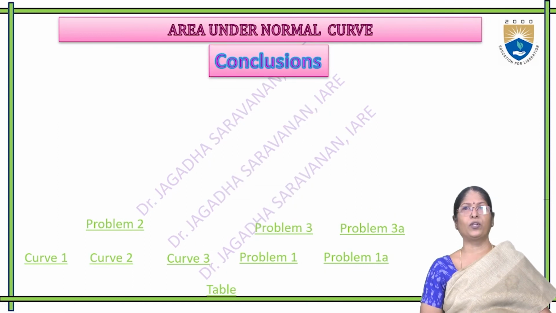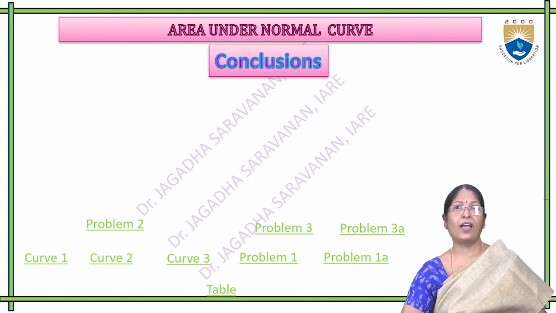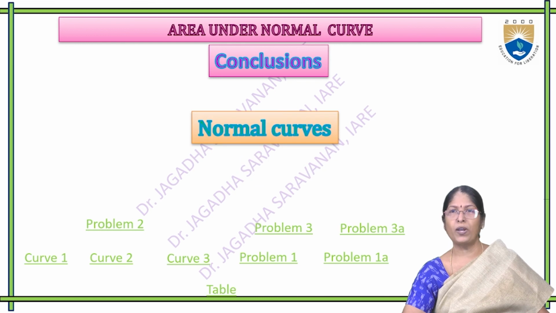We will come to a conclusion on this topic, area under the normal curve. First, in this topic, when mu and standard deviation, the mean and standard deviation, are given, how to find the area. Normal curves, we used them. Some 3 types of normal curves we discussed. There is a separate video done under normal curves, in which all the curves are discussed.